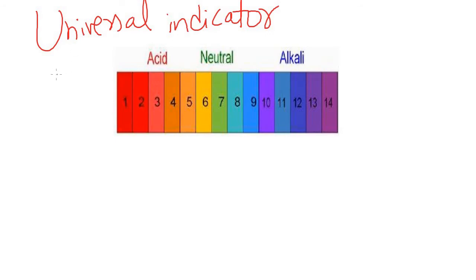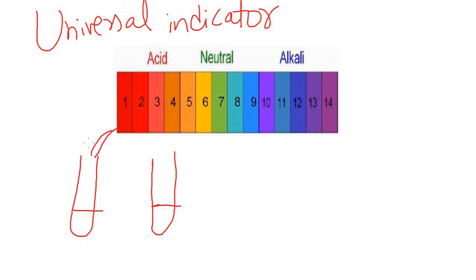For example, I give you two test tubes with two samples, and you put a few drops of universal indicator, and suppose you get a blue color here, and in this test tube you get a red color.